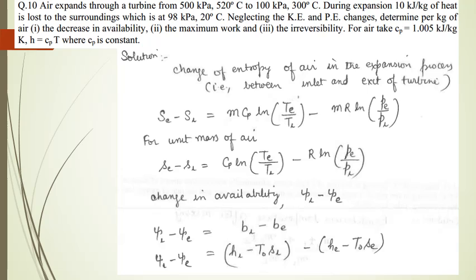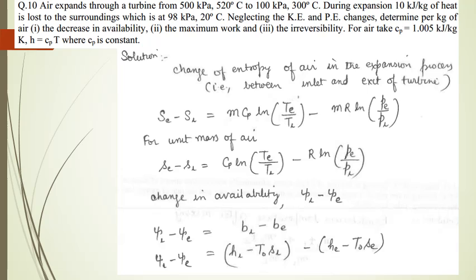Now the change of entropy of air in the expansion process, that is between inlet and exit of turbine, Se minus Si is equal to mCp ln of Te upon Ti minus mR ln Pe upon Pi. Here subscript e is for the exit and i subscript is for the inlet. So for unit mass of air, we have put the formula as shown on the slide, and the change in availability psi i minus psi e is equal to Bi minus Be.